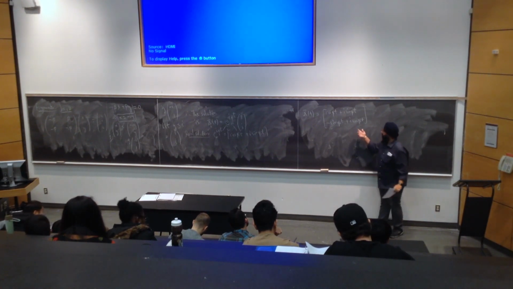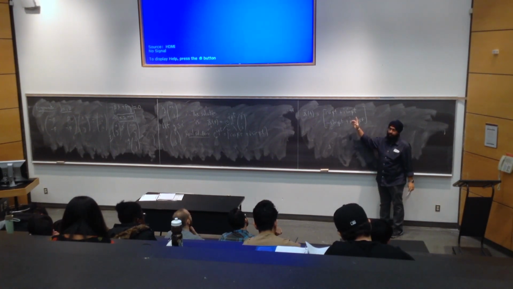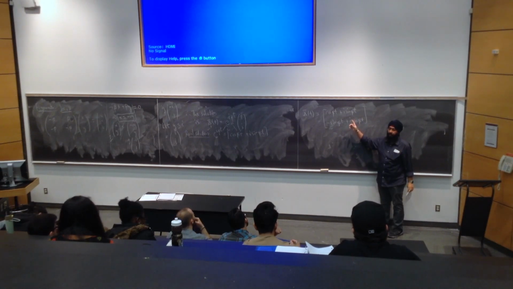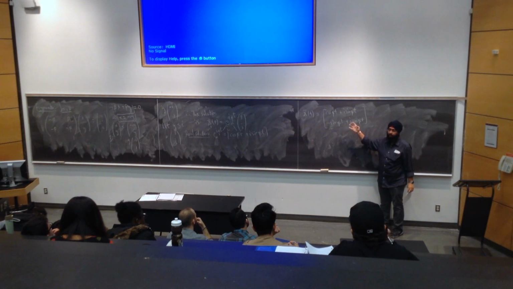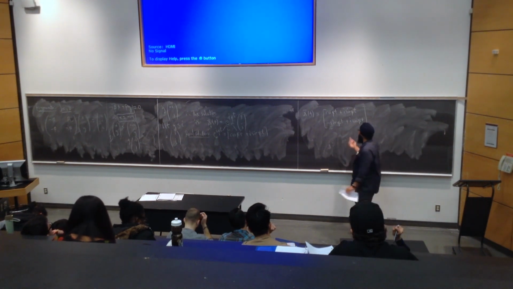I wrote it like this because I can split this matrix into a sum of real and imaginary parts. I can always add matrices together if they're the same dimension. So let's do that splitting.